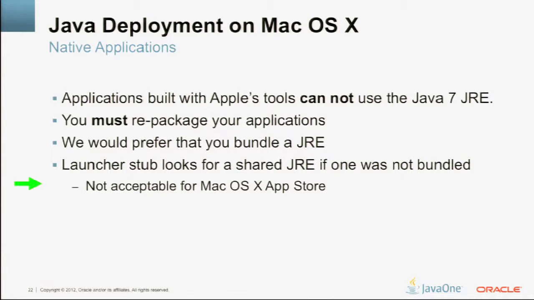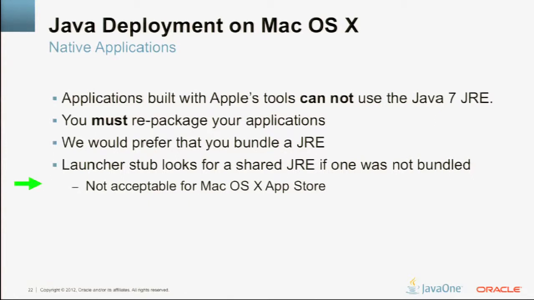You'll notice you have this green arrow again, not acceptable for the OS X App Store. Bundled apps, native packaging and bundling a JRE inside the app is what you must do if you want to put something in the OS X App Store. That's what we're going to talk about in depth in our next talk, but that was actually the driving impetus for improving the native application support.